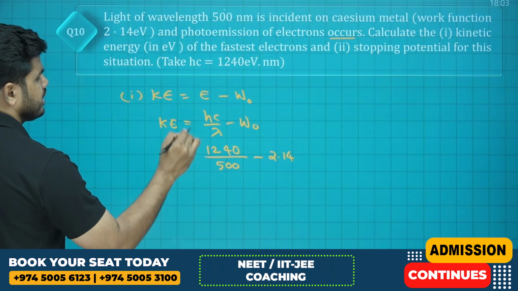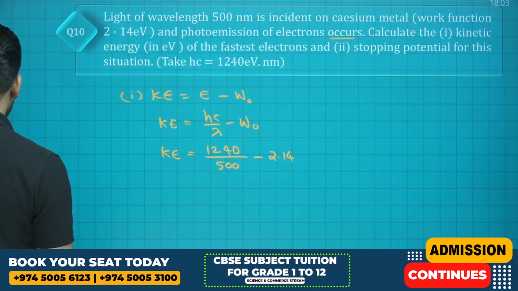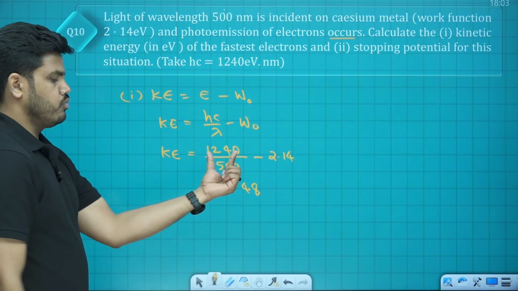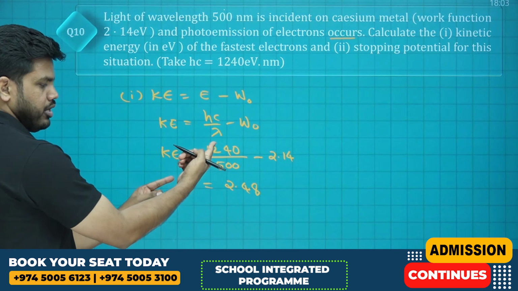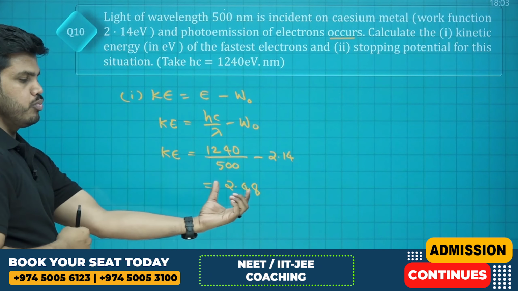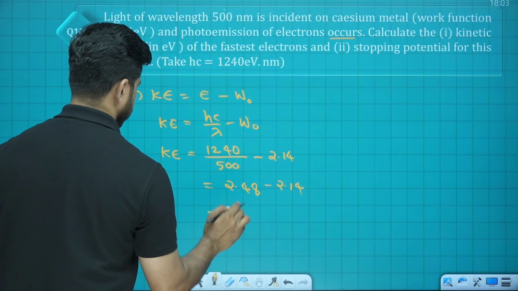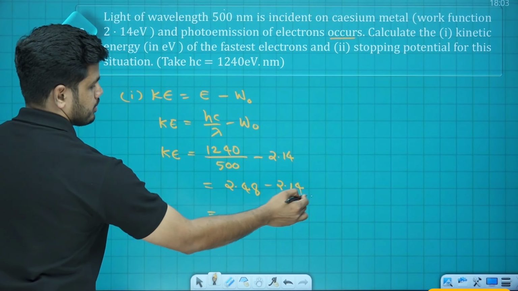That will be the kinetic energy maximum. Kinetic energy maximum is obtained from this one. So we get this as 2.48, right? 1240 divided by 500, that is going to be double of 1240 divided by 1000, that is 2.48. Minus 2.14. Okay. So that difference is going to be the kinetic energy.